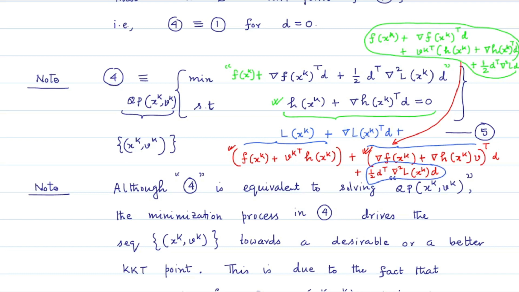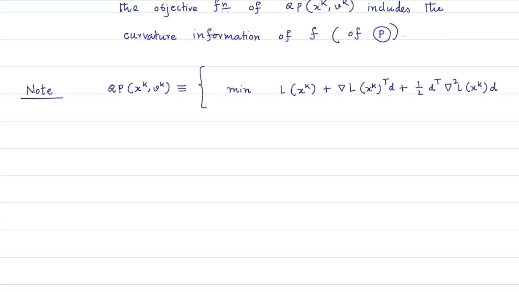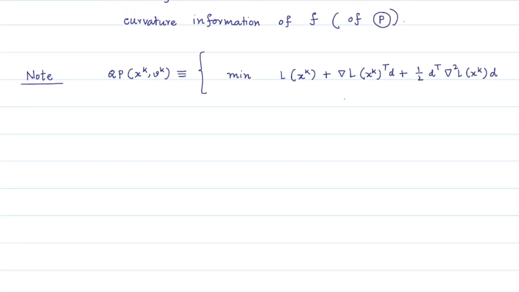Fine. And we notice that inside this red expression we have already taken into account all the constraints, and therefore the problem QP(xk, vk) can be written as this unconstrained minimization problem where d has l many components.